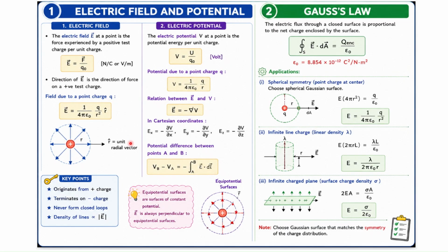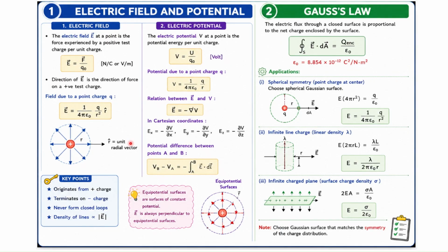Before we move to potential, let's look at some guiding rules for understanding field lines. Because it's not just drawing the radial distribution with arrows; you have to understand the rules you can apply before drawing these field lines.